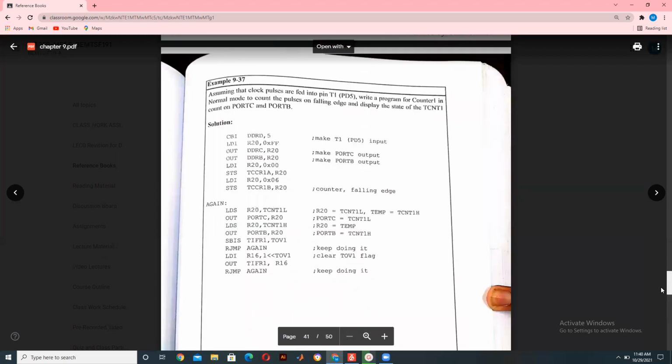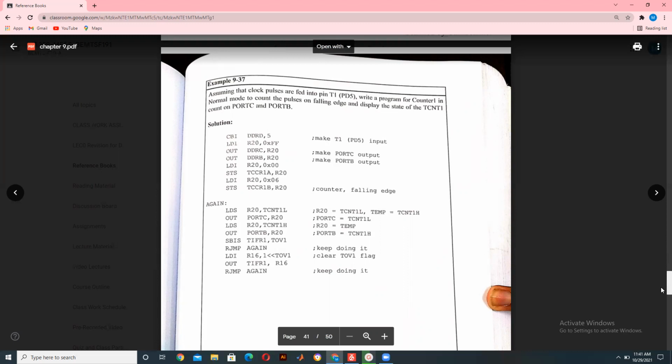Okay, then example 30 says: assuming that the clock pulses are fed into pin T1, write a program for counter 1 in normal mode to count the pulses on the falling edge and display the state of TCNT1 on port C and port B. So what we have to do is make DDRD 5, then 0xFF to DDRB and DDRC as outputs.